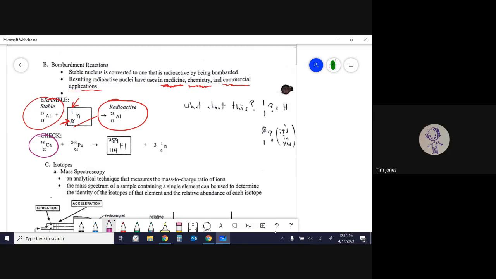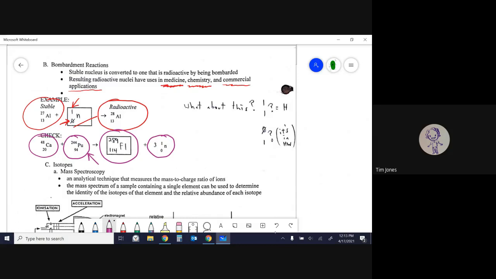We're going to crash this into a plutonium atom, which, funny enough, I don't think there are any stable isotopes of plutonium. And we would make a new isotope here, which is a fairly recent discovery, a very large atom. And this right here shows that it's giving off 3 neutrons.